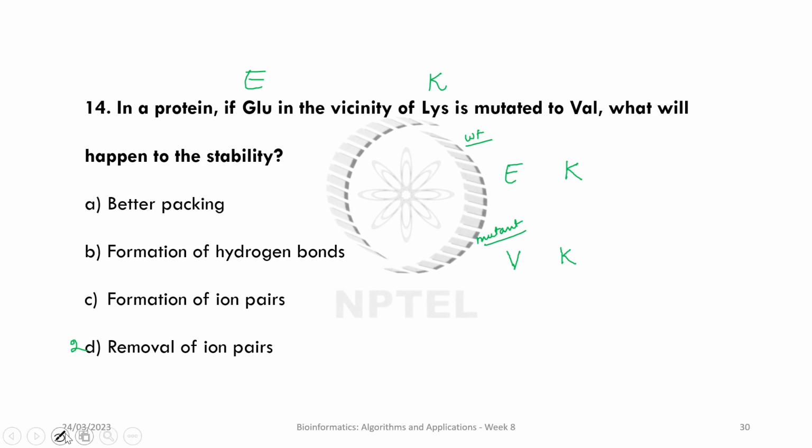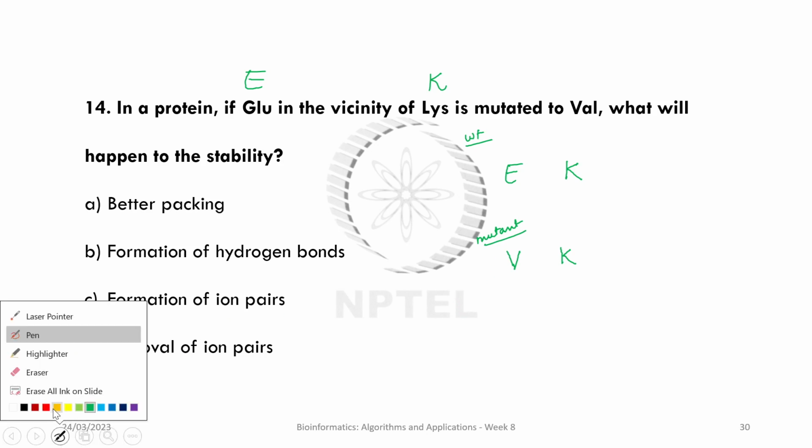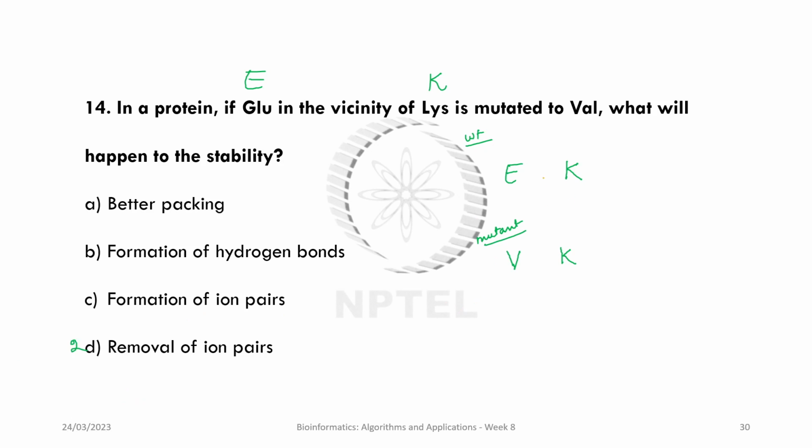So what's going on here? Thank you, Devangana. There's an electrostatic interaction or ion pair between this negatively charged E here and positively charged K here, right?